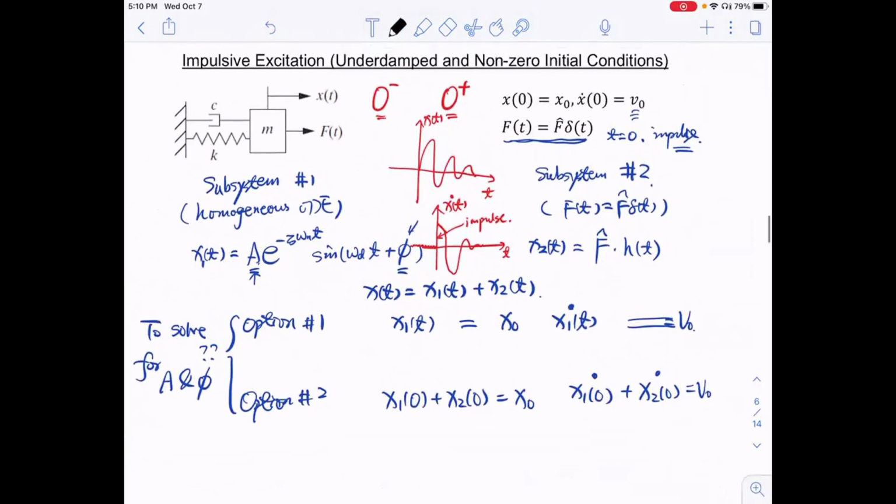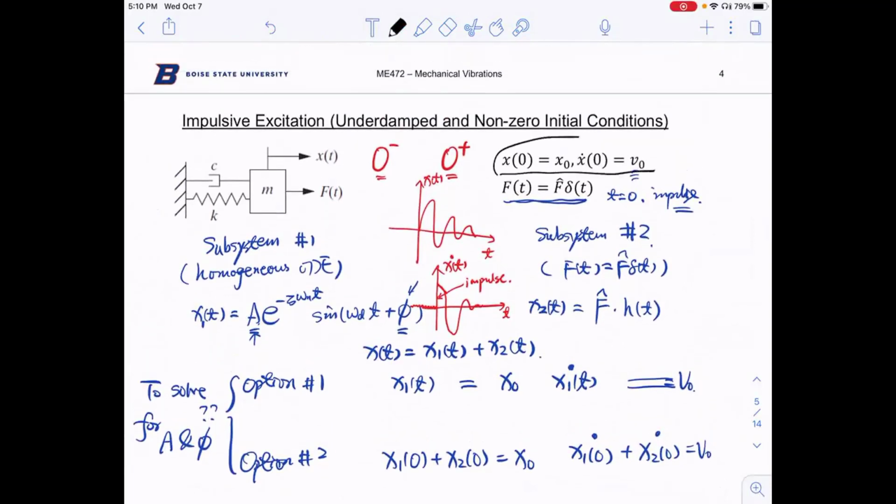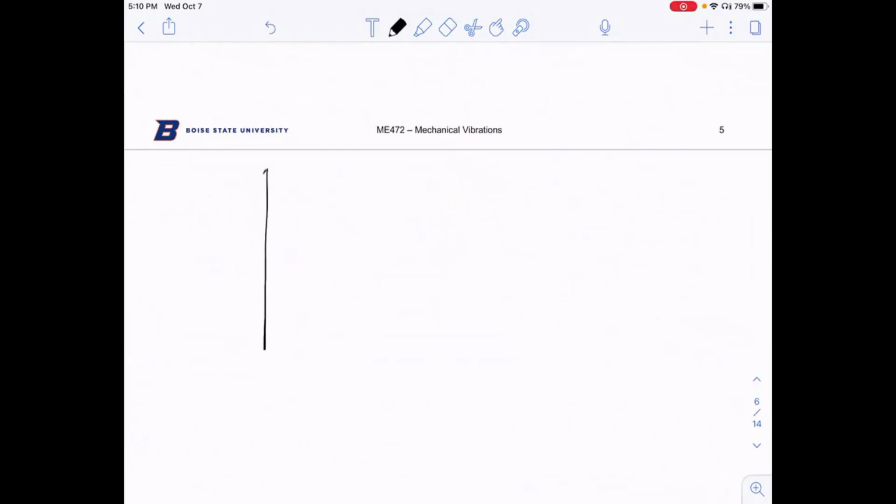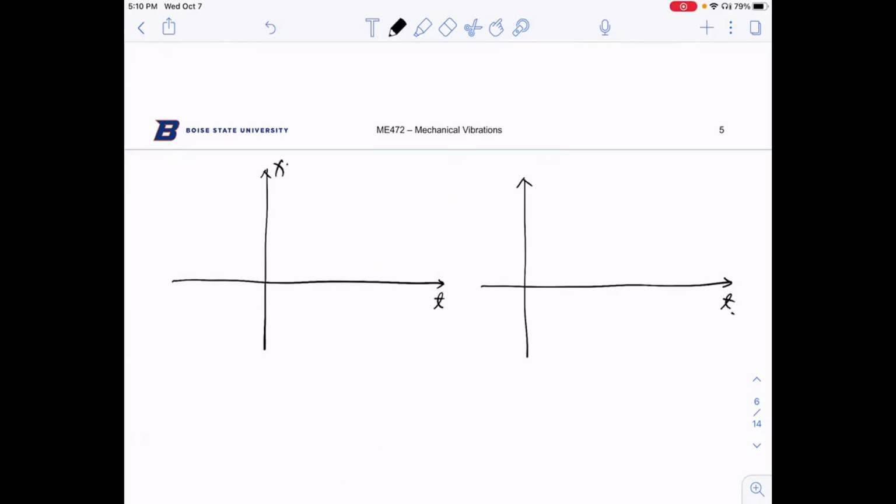So basically, let's record this. Let me draw two images side by side. Your t, your t. That's your displacement, that's your velocity, okay? Let's assume the system is at rest.